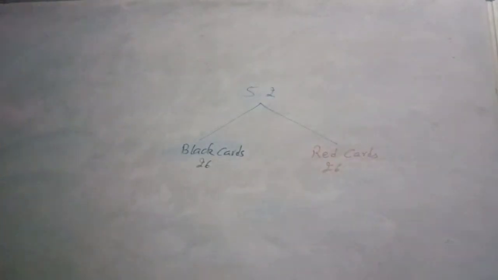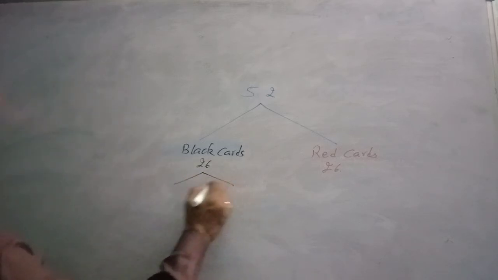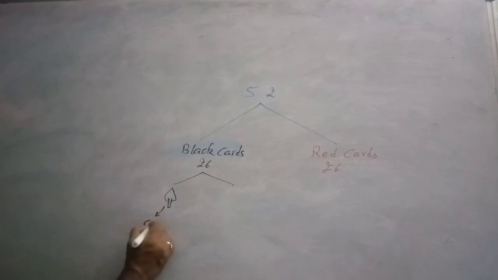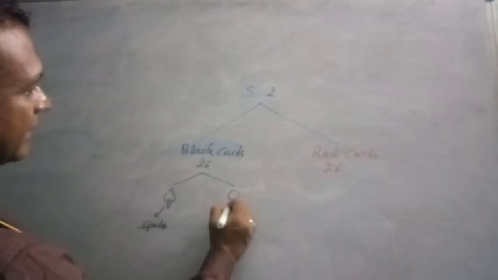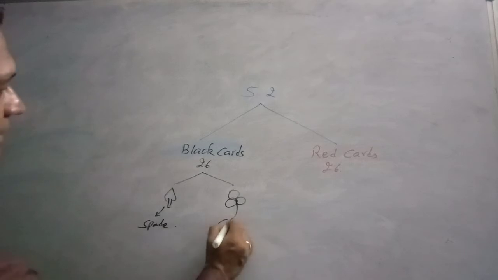The black cards are divided into two symbols. One is called spade, and the other is called clubs.